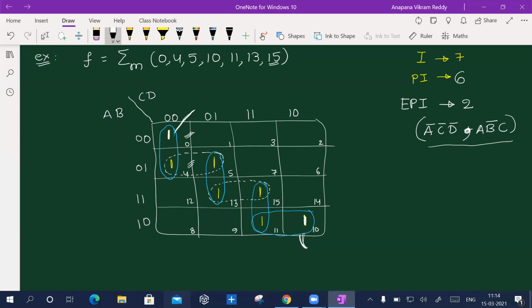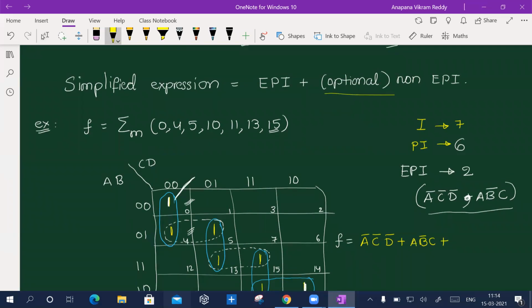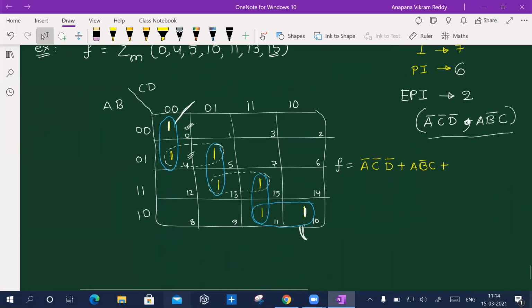So I would write: F is equal to A complement C complement D complement, or A B complement C. Now, can you tell me some optional non-EPIs? I know the simplified expression must contain EPIs, and along with EPIs I also have something else. What is that?